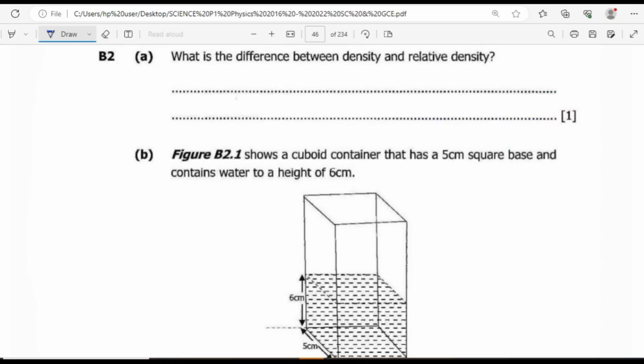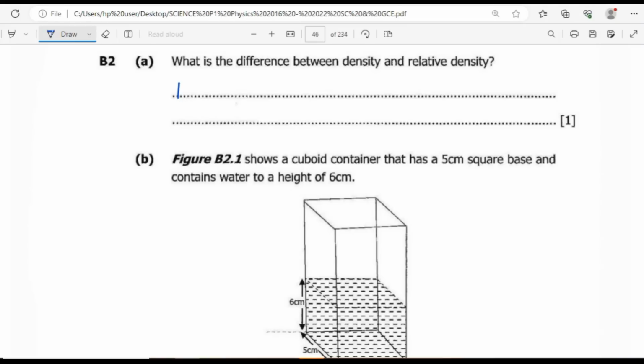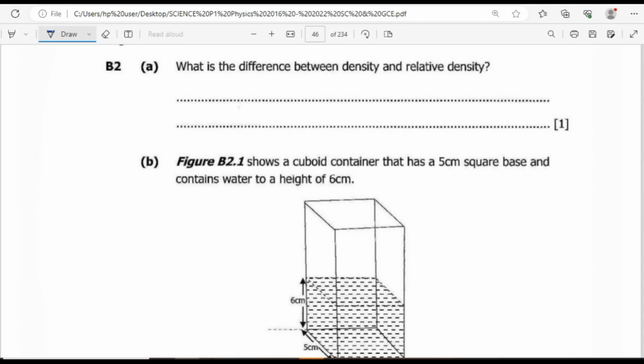Okay, so now we have another question. Here we are dealing with density. What is the difference between density and relative density? So we'll say density is just the mass per unit volume.